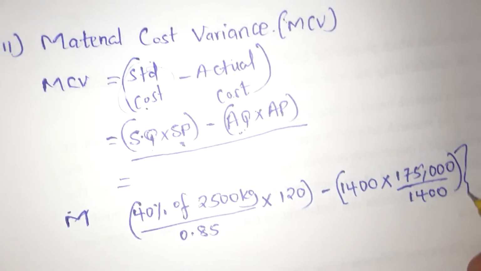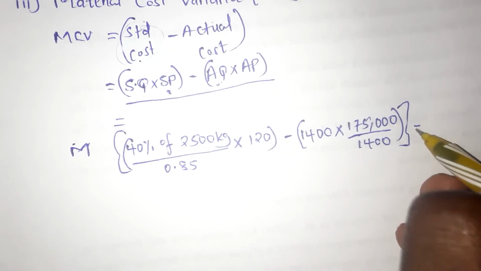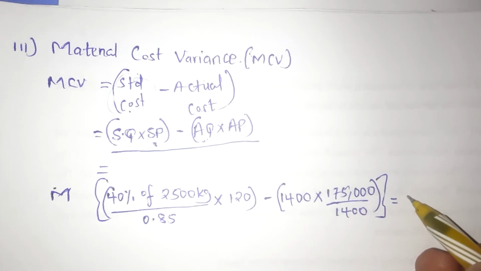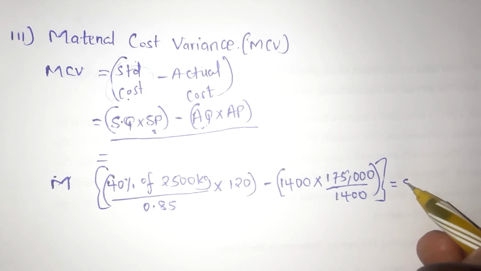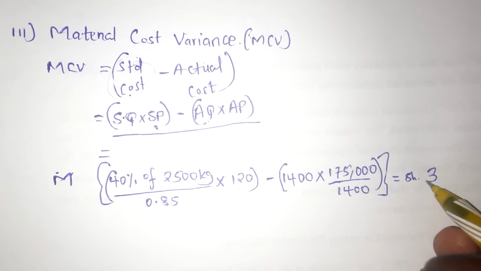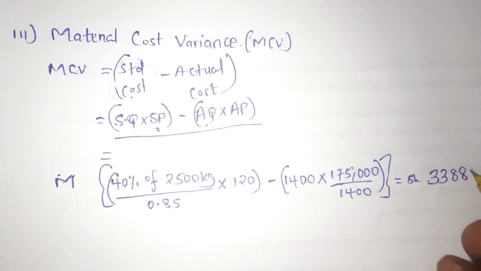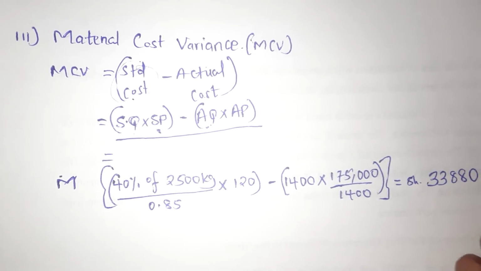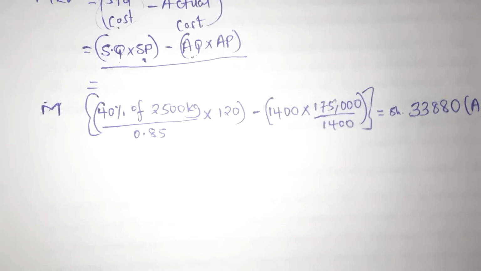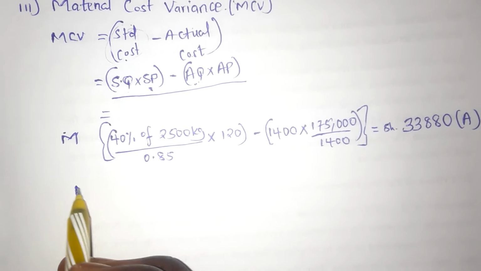So if you calculate this, we will get our material cost variance for this material, which is shillings 33,880, which is adverse.